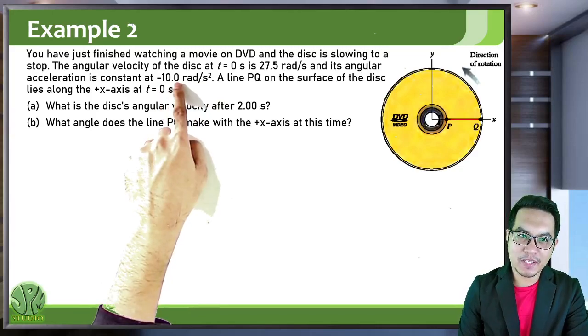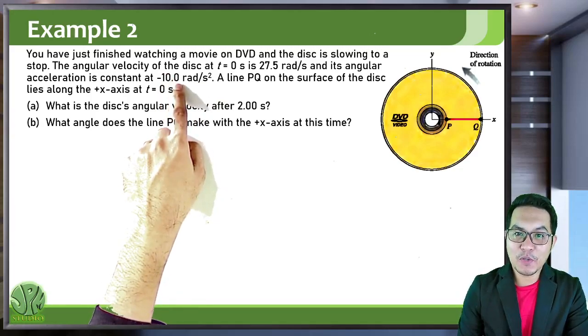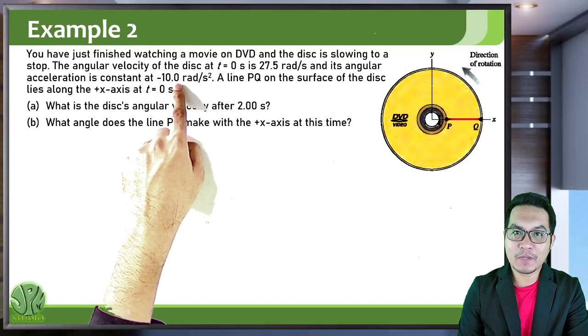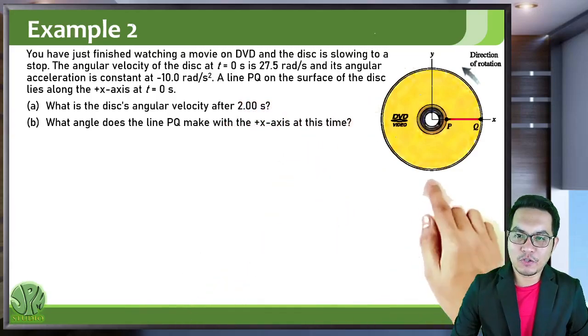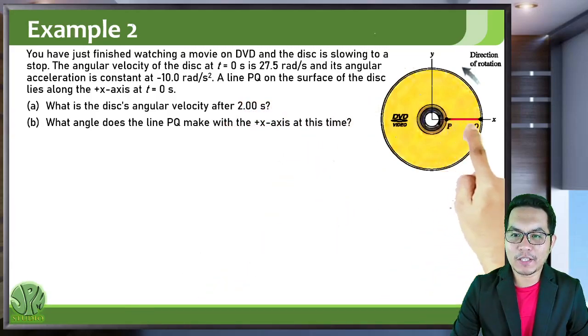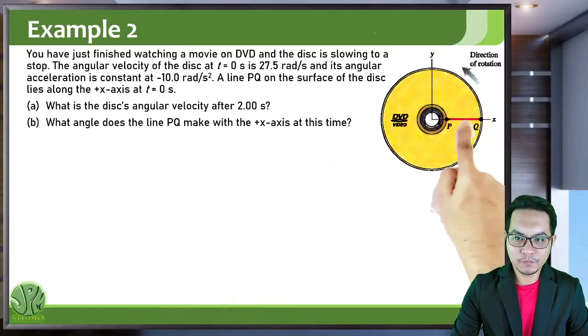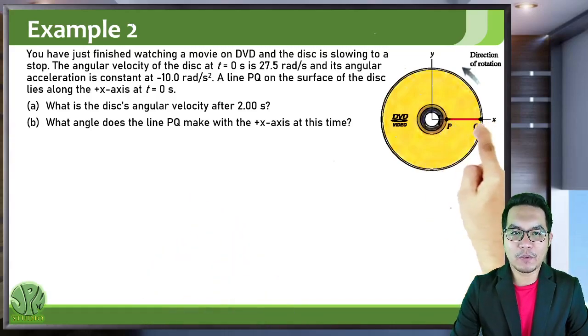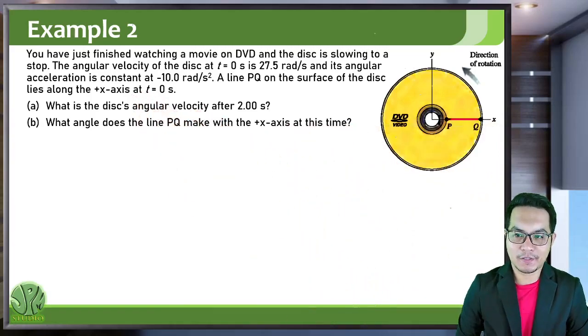What does this mean? This means that the value of the angular velocity will be reduced by 10 radians per second every second. A line PQ on the surface of the disk is drawn, and at time equal to 0, the line PQ is aligned with the positive x-axis.